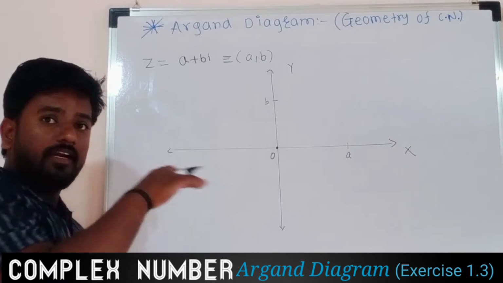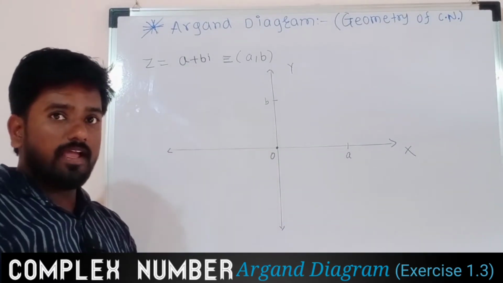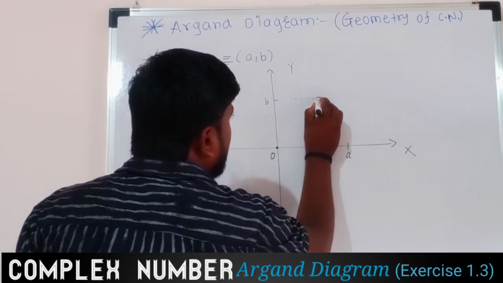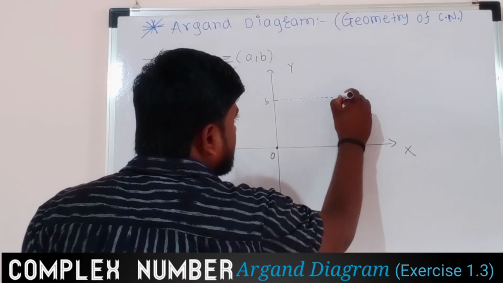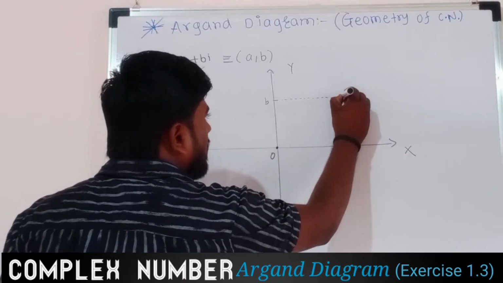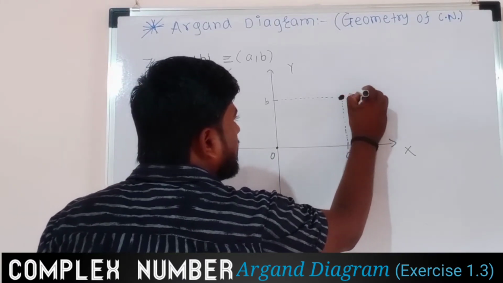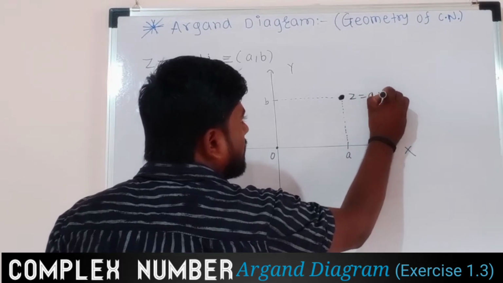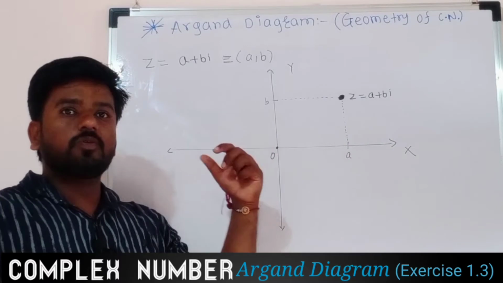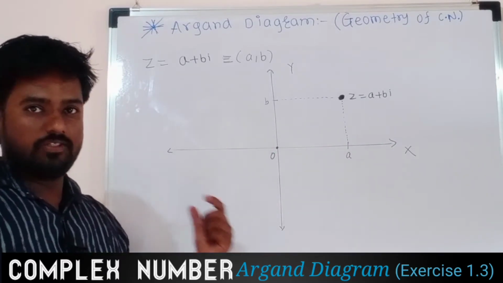If I draw a line parallel to the x axis and a line parallel to the y axis, their intersecting point is z equals a plus bi. Like this you can plot any complex number on the xy axis.